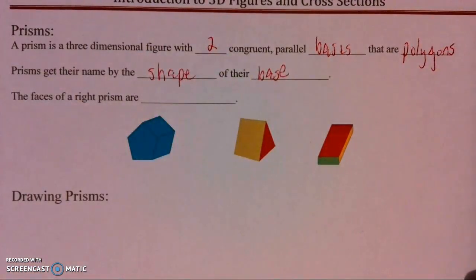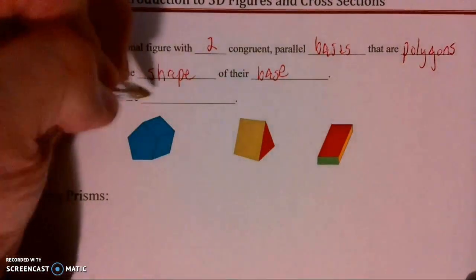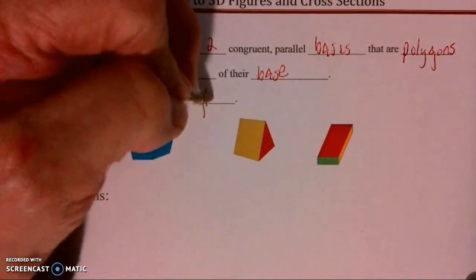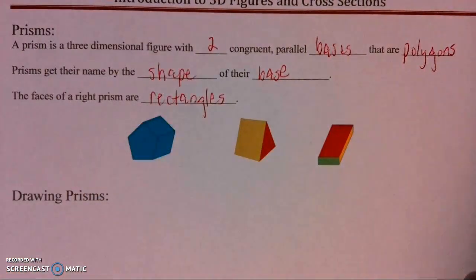And then when I look at the other faces of the prism, those other faces are rectangles. So the two characteristics of a prism are that there are two congruent parallel bases. They're polygons, so they can be triangles, quadrilaterals, pentagons, any polygon. And then the other faces, the other sides of the prism, are rectangles.